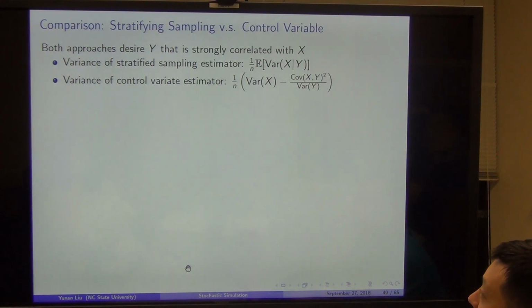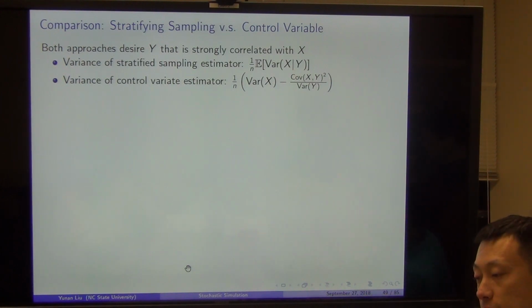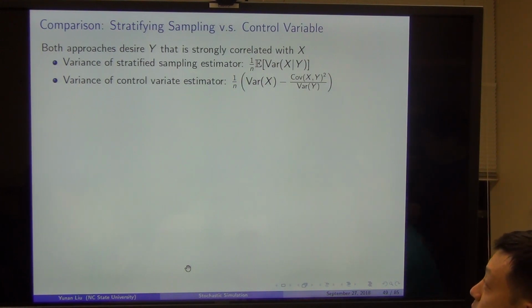Let's further compare stratified sampling with the control variate, which is method 2. We sort of compare all of them: methods 1 and 2, 2 and 3, 3 and 4. So here is 4 versus 2.